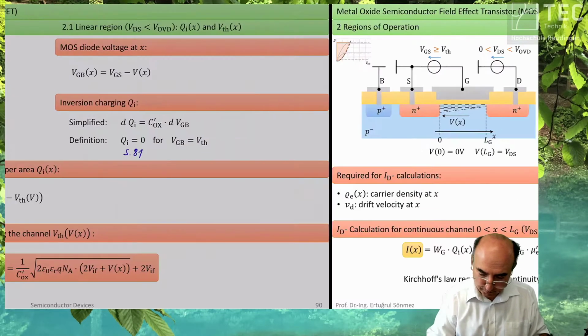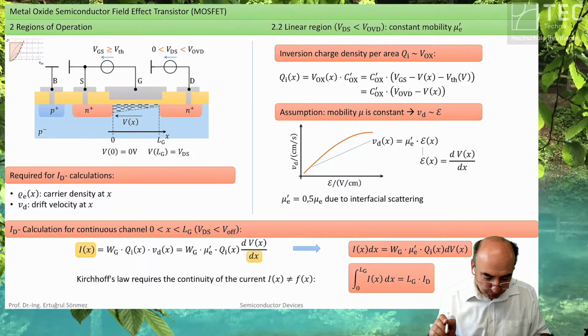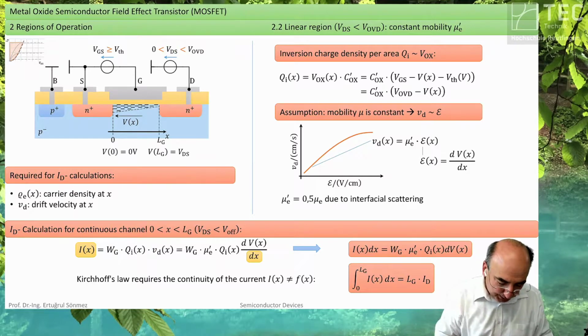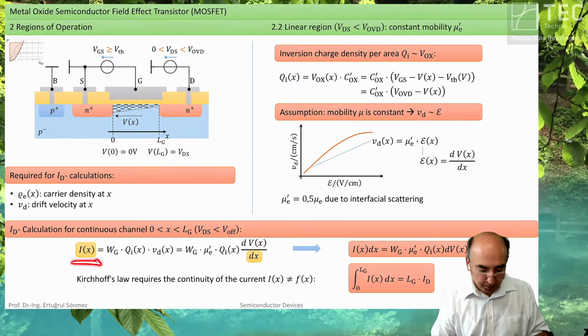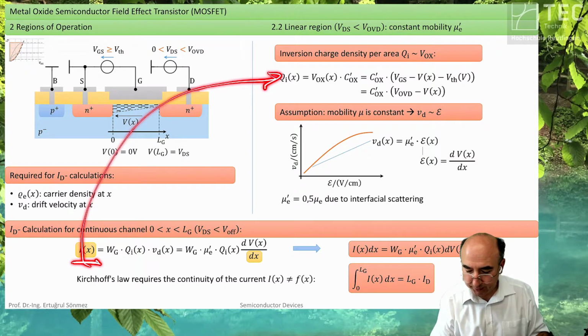Okay, go on. Now we want to understand how we get the current. For the current, we need the charge. Okay, we have it.